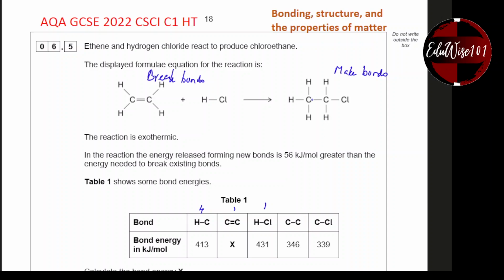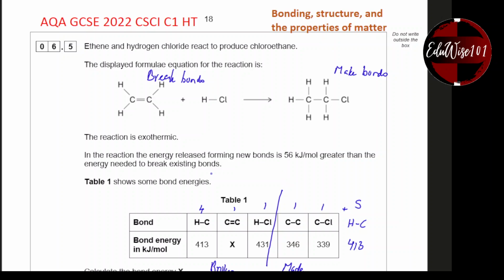And the bonds that are being made, you have a carbon-carbon bond, 1 carbon chlorine bond, plus 1, 2, 3, 4, 5 hydrogen carbon bonds, which is also 413. So if I split that into 2, these bonds are being broken and these are being made.